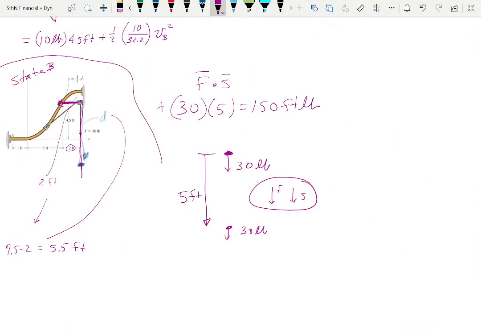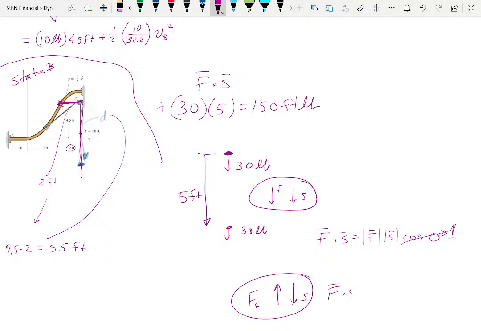If they're in the same direction, F dot S is equal to the magnitude of F, times the magnitude of S, times the cosine of the angle between them, which is just 0. So that term just becomes 1. If they were moving in opposite directions, like friction, the S would be going that way and the friction would be saying, I'm slowing you down.